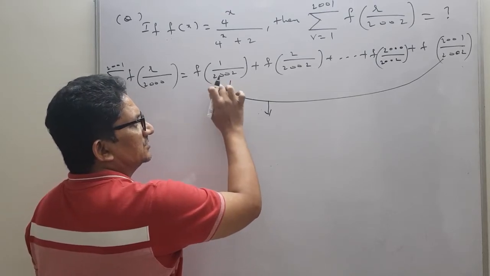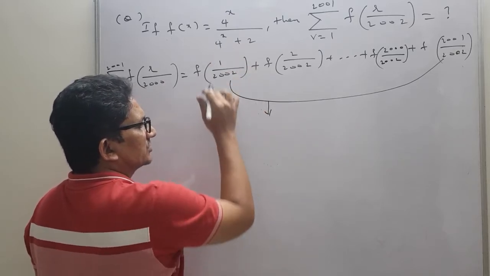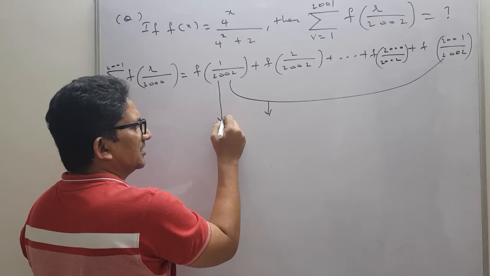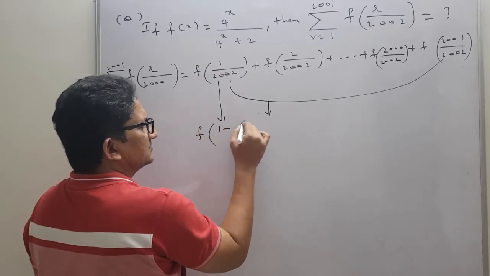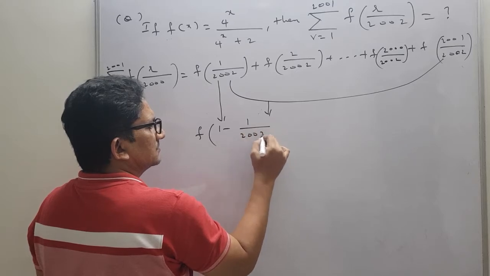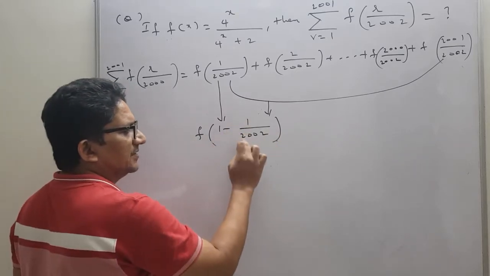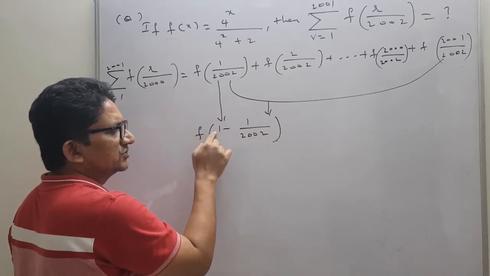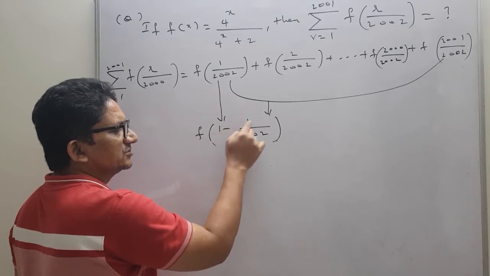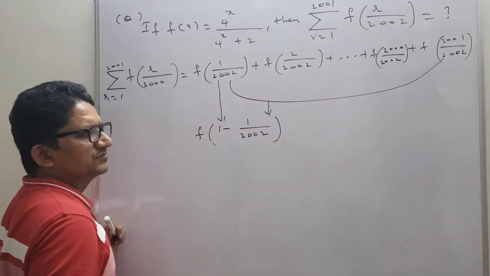So this one, f of 1 by 2002, the last can be written like this: f of 1 minus 1 divided by 2002. If you take LCM, 2002 minus 1 is 2001, divided by 2002, we are getting this.